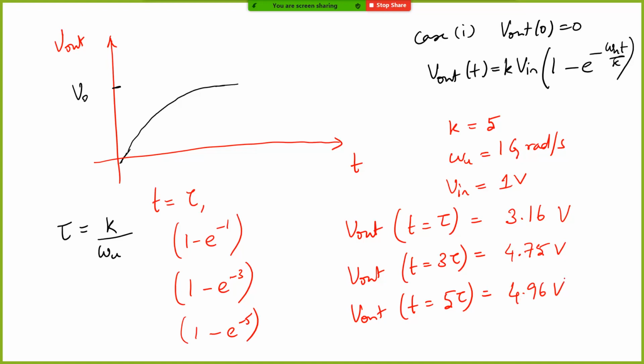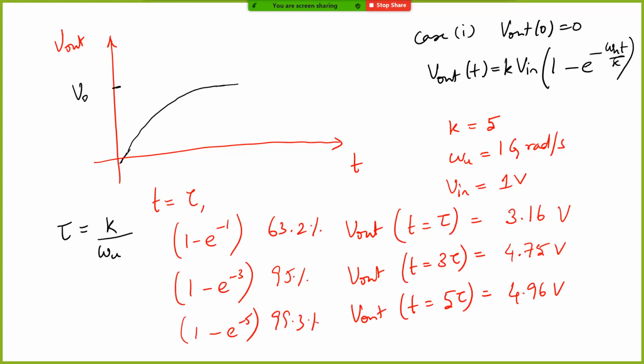Percentage wise, this is 63.2 percent. For 3 it becomes 95 percent, and for minus 5, it becomes 99.3 percent.